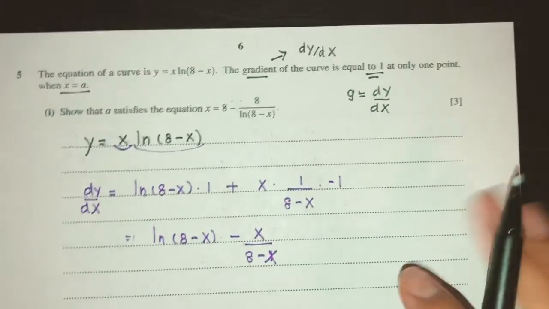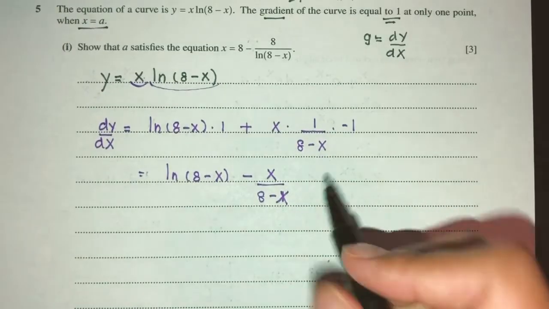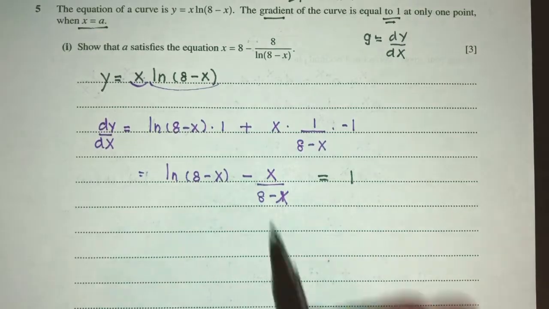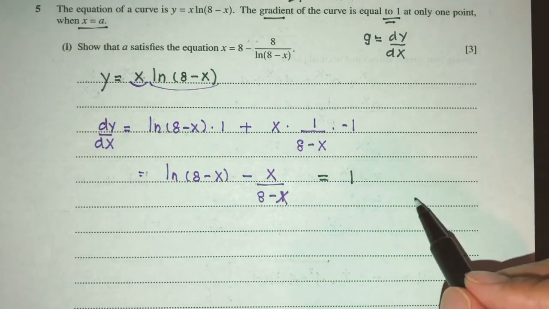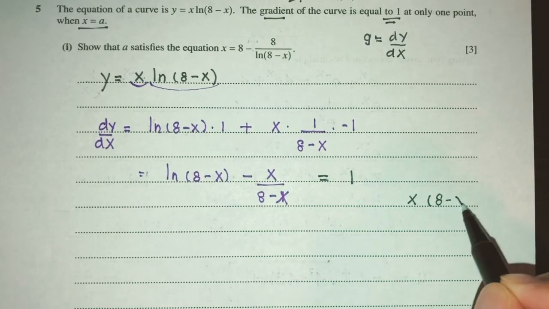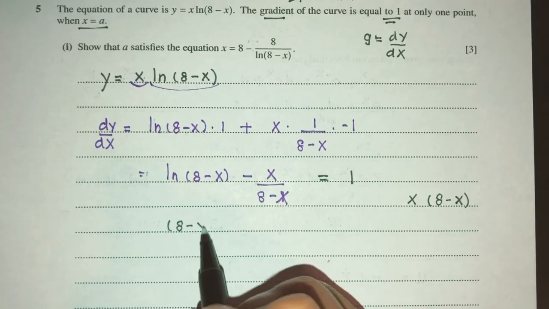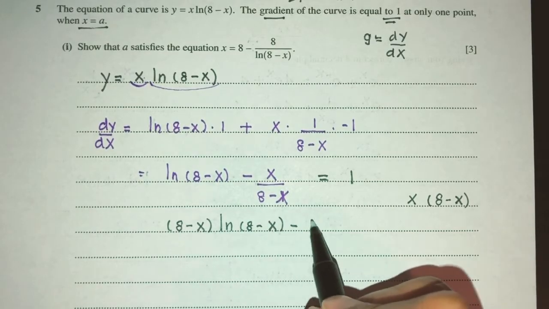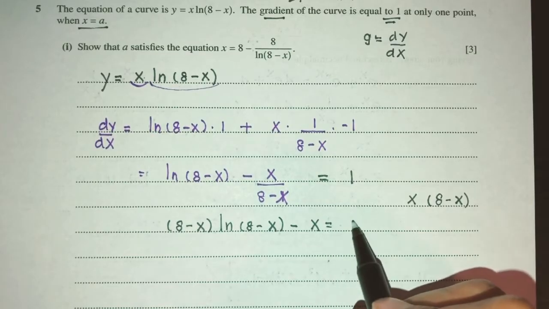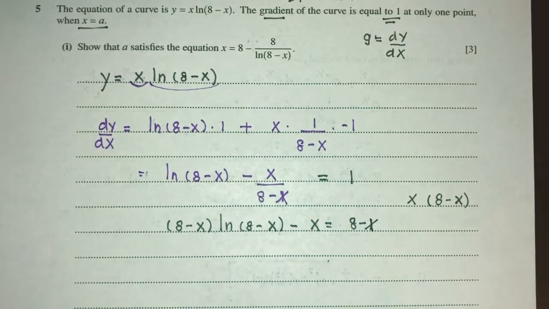Now from the question we know that dy by dx is equal to 1, so let's equate that to 1. Okay, now since the denominator is this, if you want to eliminate it, as always we multiply by the denominator, which is this value. So you will have 8 minus x times ln of 8 minus x, minus x, is equal to 8 minus x. Now we have to simplify.